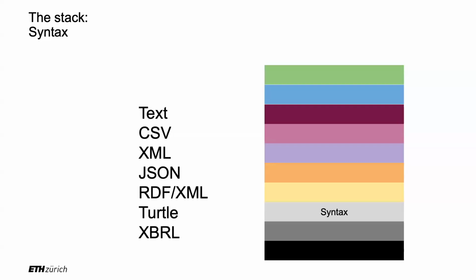We have XML, JSON, that we are going to look at in depth. These are trees. RDF XML, that's for graphs. Turtle is also for graphs. XBRL is for cubes. And text, I was about to say it's for vectors, but it's just that when you have these vector databases, it's LLMs, so they actually take a natural language as inputs.